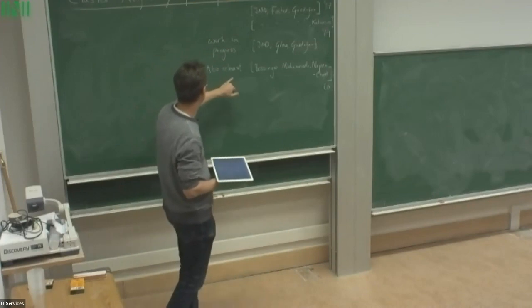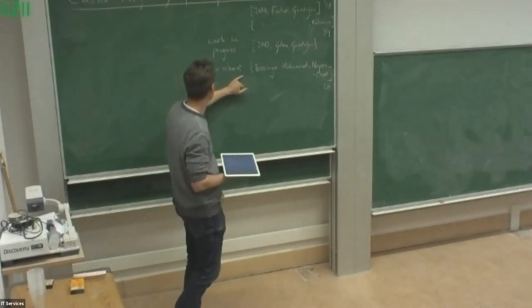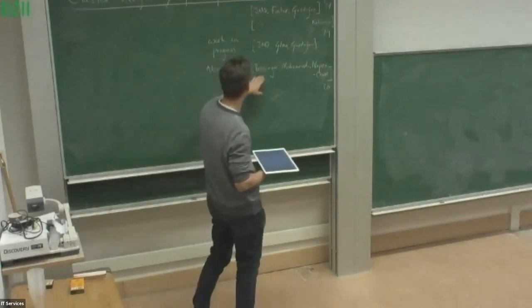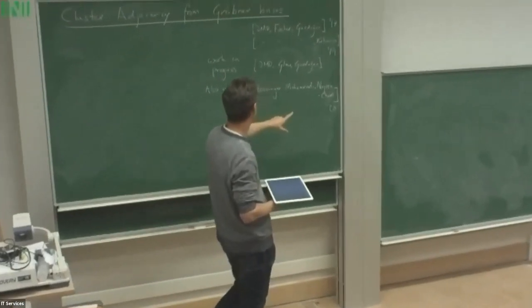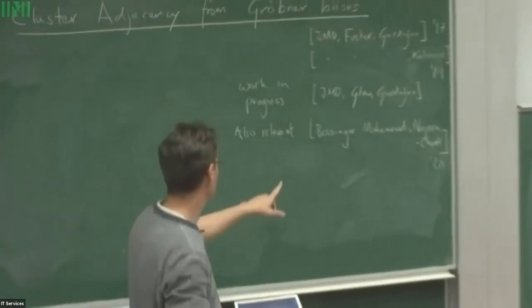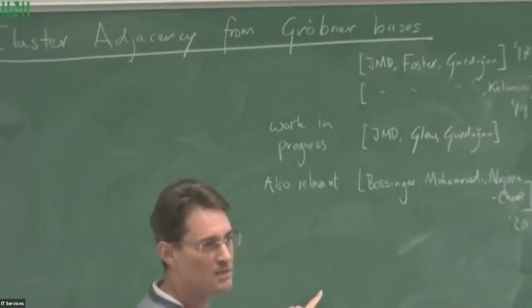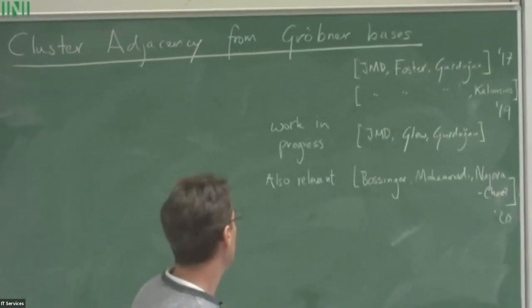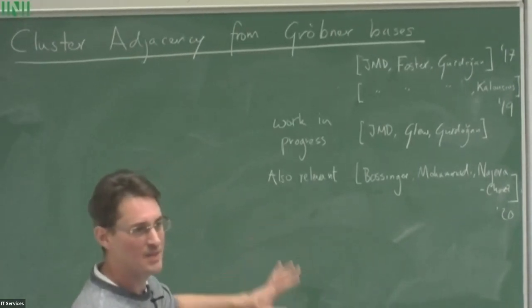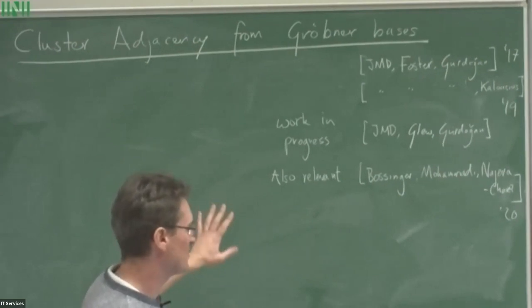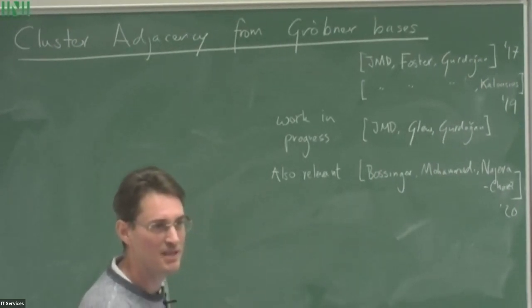Let me point out there's also a paper, not by us, by Bossinger, Mohammadi, and Nájera Chávez from last year. And I think Lara Bossinger is also going to give a talk at this workshop on Wednesday. I don't know what she's going to talk about. She might be talking about the mathematics that's relevant to this discussion about singularities and amplitudes.